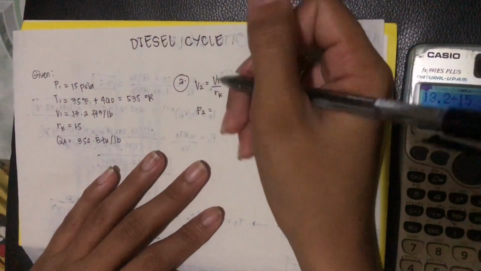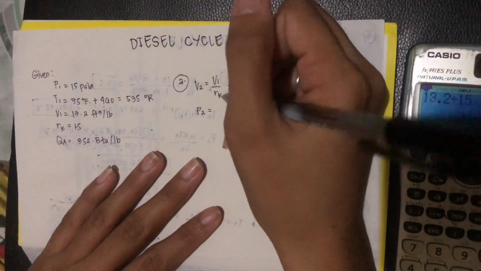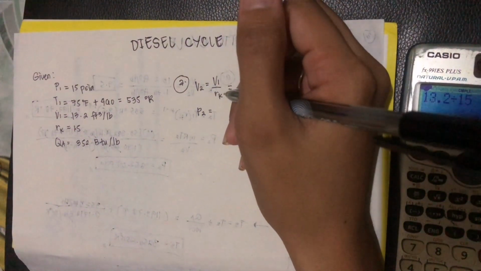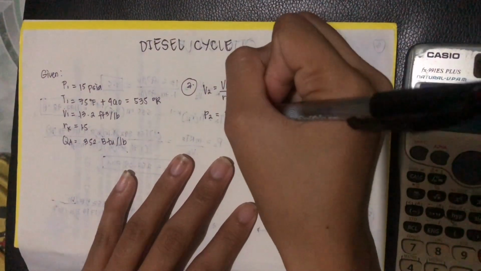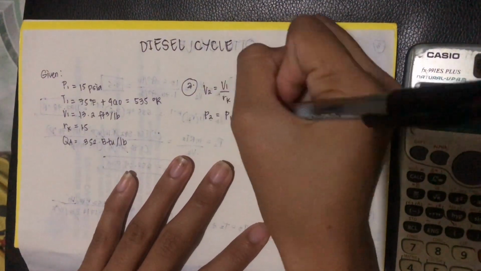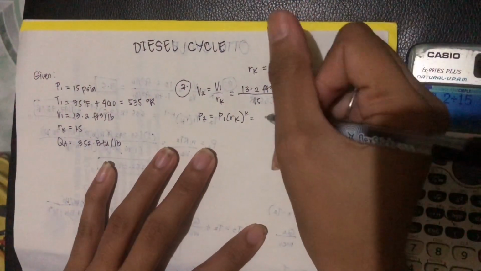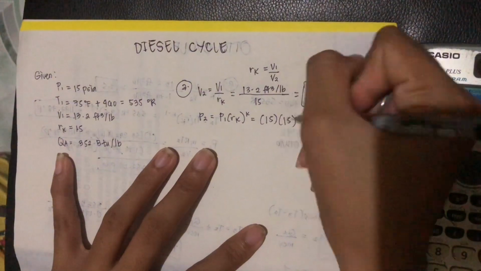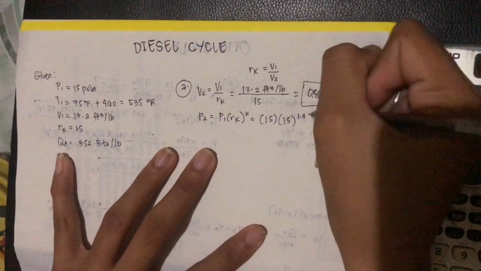For P2, we can use the formula P2 is equal to P1 multiplied by RK to the power of K. We substitute: P1 is 15, RK is 15, and K is a constant, 1.4 for air.